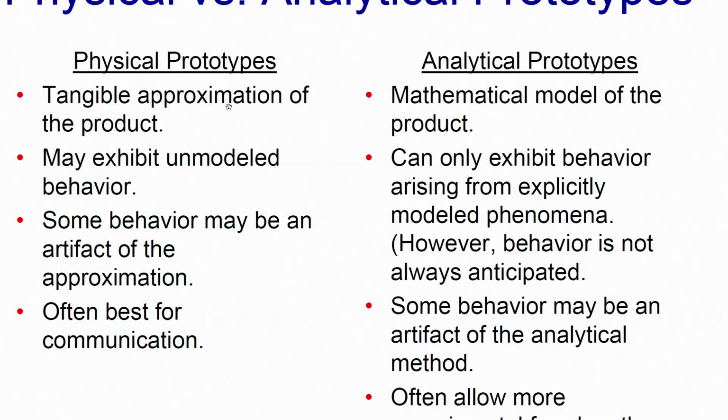When things become small, this touchy feely we have no option to, that is what it now says, tangible. How do you touch? Approximation of the product, and may exhibit unmodeled behavior. Here unmodeled behavior means something not as per the intended thing.